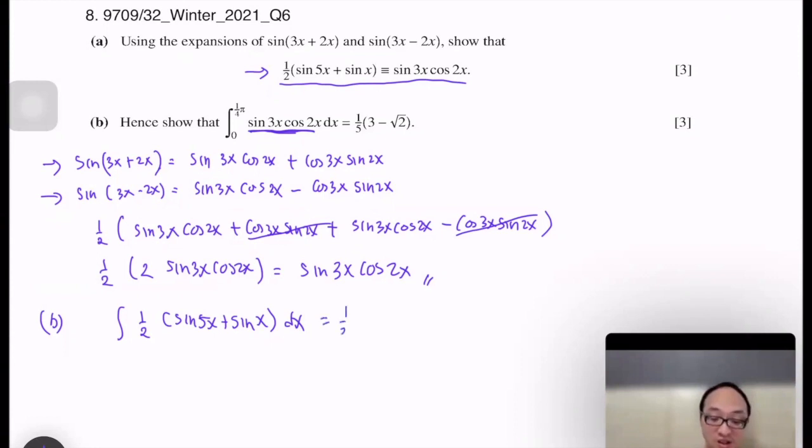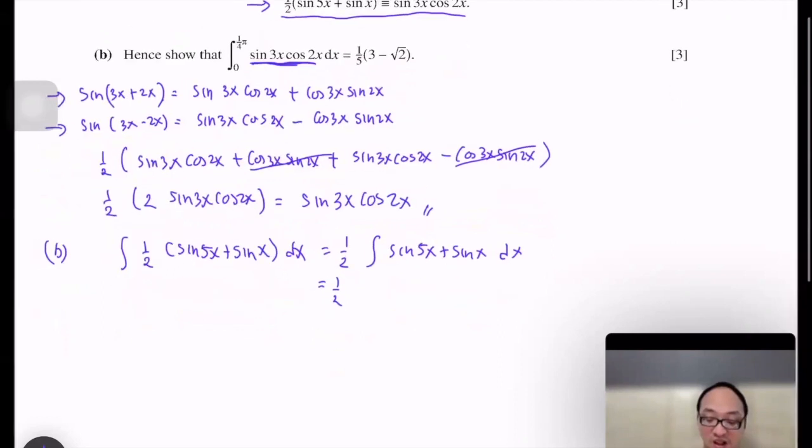So I can put the half out, sine 5x plus sine x dx. So I have half, sine 5x is negative 1 over 5 cos 5x, minus cos x. The boundary is 0, 1 over 4 pi.